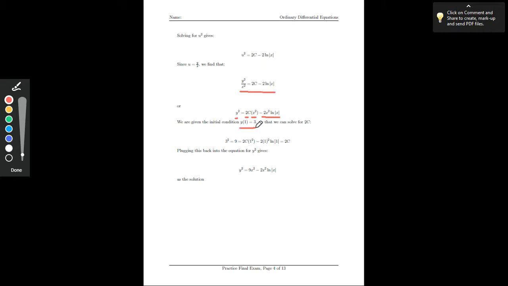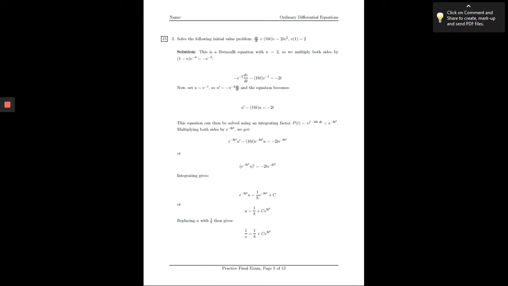The initial condition y of 1 is 3, so we can solve for 2c. 3 squared equals 9, which equals 2c minus 2 times ln of 1, which is equal to 2c. Plugging this back into the equation for y squared gives the following. Y squared equals 9x squared minus 2x squared times ln of absolute value of x. 2c was just replaced with 9. And there's our solution.